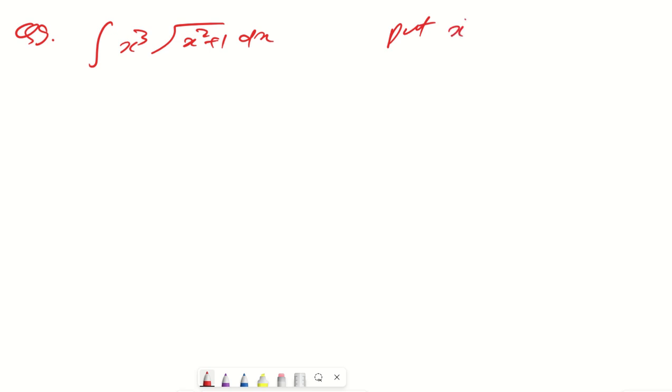Put x square plus 1 equal to t. Then by differentiating we get 2x dx equal to dt. This is going to be a little tough, right? We have here x cube. So we can write x dx equal to dt by 2.